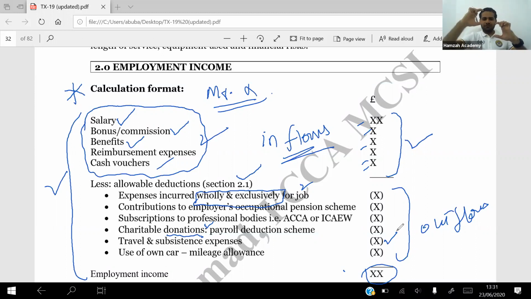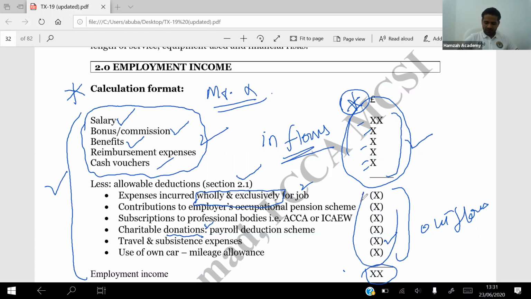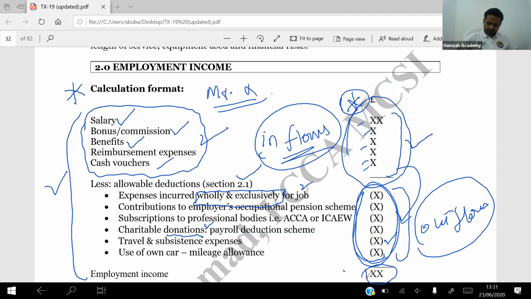If we charge the tax only on the first portion, it will not be just, because out of this portion he has spent this money also. So first, out of the inflows, the outflows should be deducted, and the net income is actually taxable. This is the main idea.